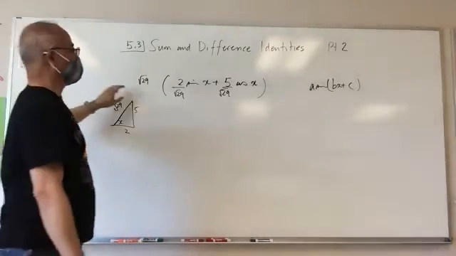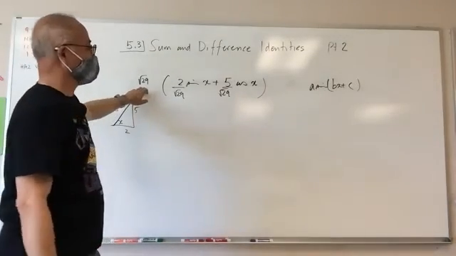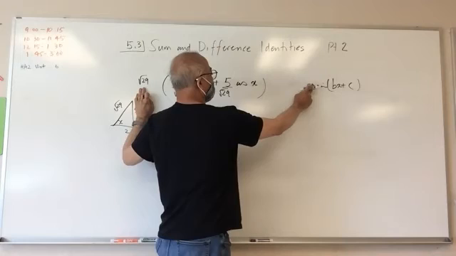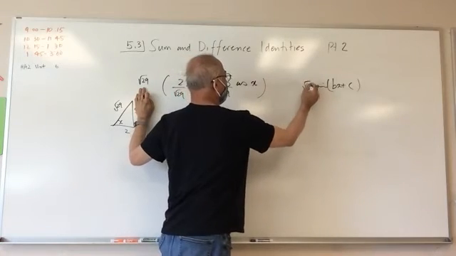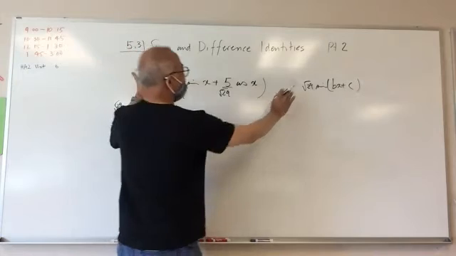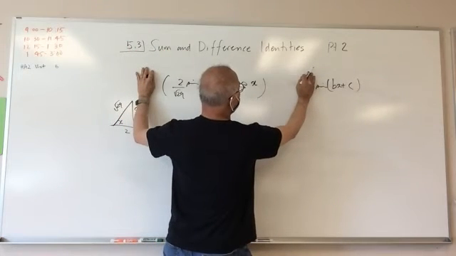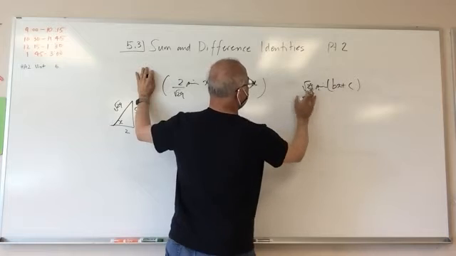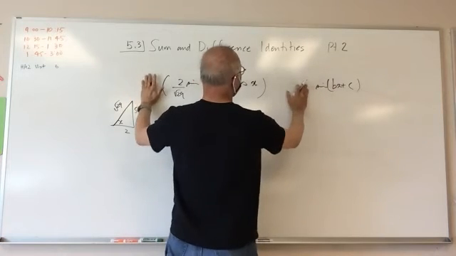So we found A. A is going to be equal to the square root of 29, just plus. As long as these two are the same, I'm good to go.